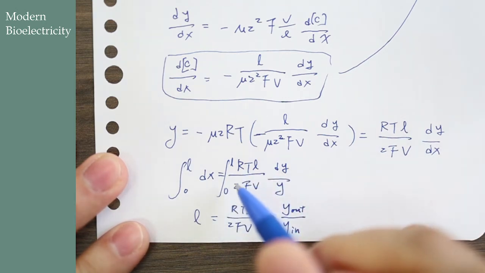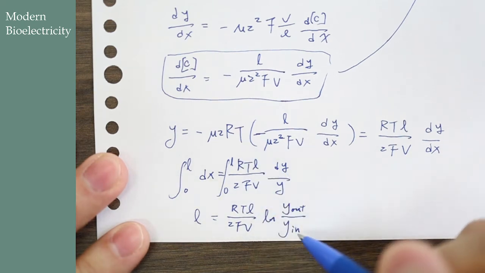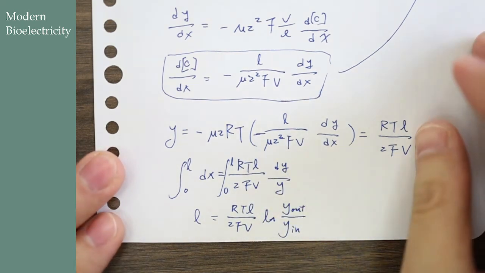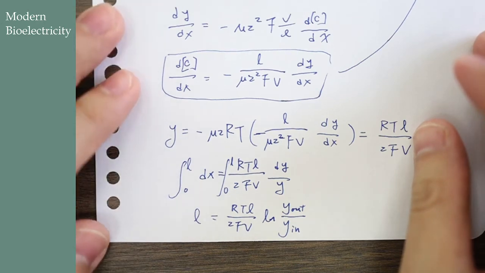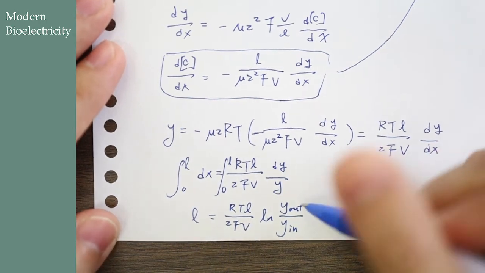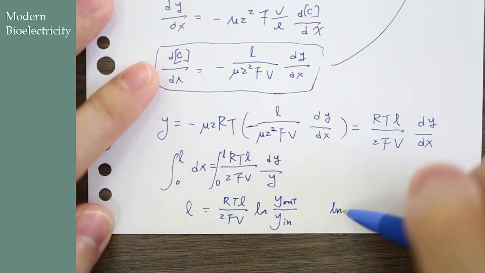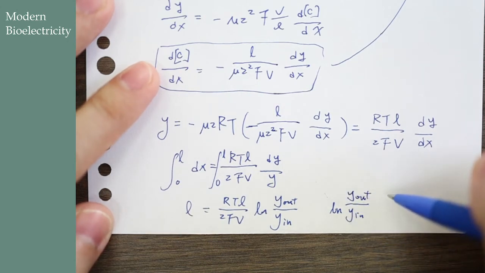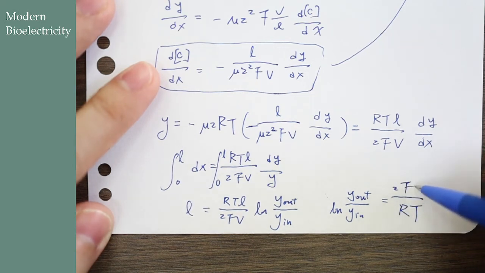From 0 to L, y at 0 and y at L are y inside the membrane and y outside the membrane. You can see we have L here and L here, so we can turn this into log of y in over y out equal to RT and ZFB.